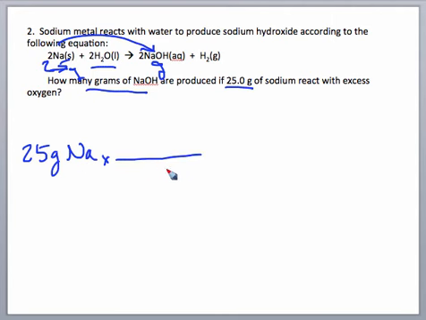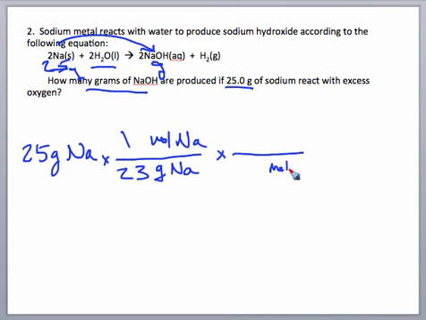You know what I'm going to say, what goes in the denominator. Always go grams to moles. 23 grams from the periodic table. Moles of sodium in the denominator. Moles of what we're trying to find in the numerator, and it's a 2 to 2 ratio. So we have that. And then we want to convert to grams.